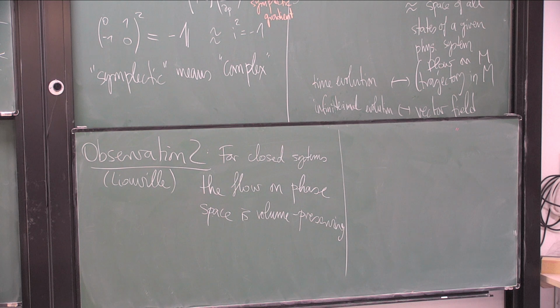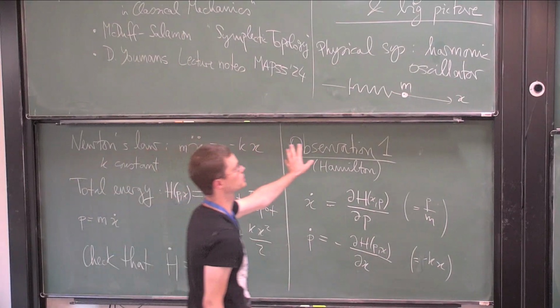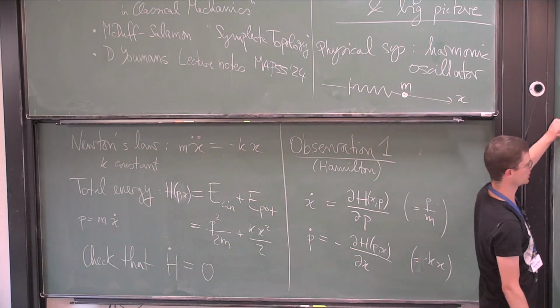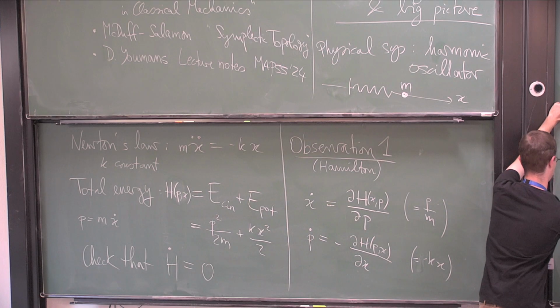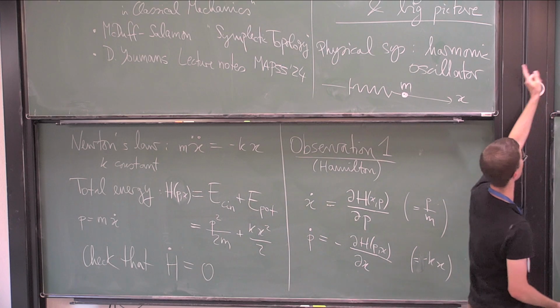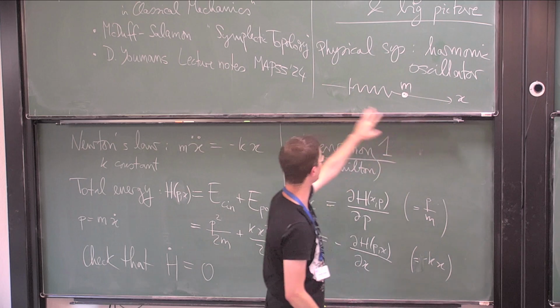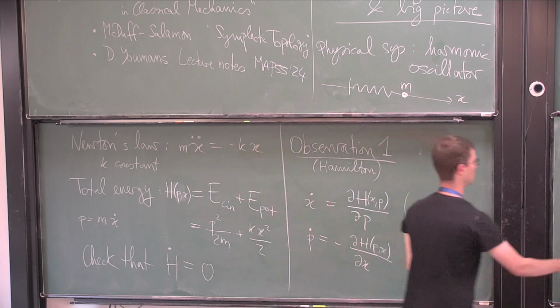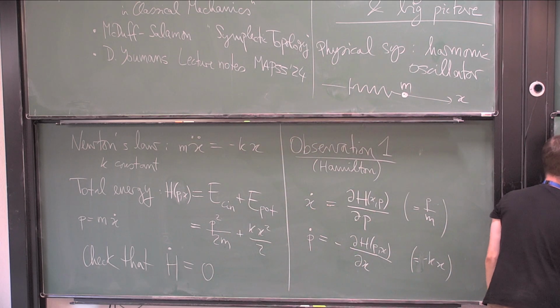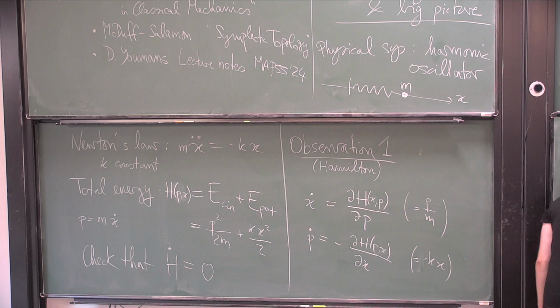So what happens, for example, in the harmonic oscillator? For the harmonic oscillator, our phase space is the space of x and p. Let's say that x can be any real number, and p as well. So we have R2 for the harmonic oscillator.